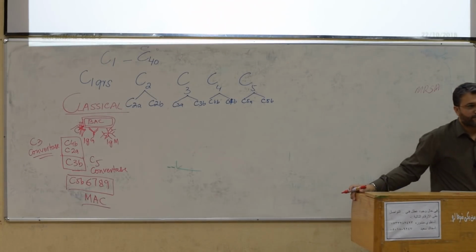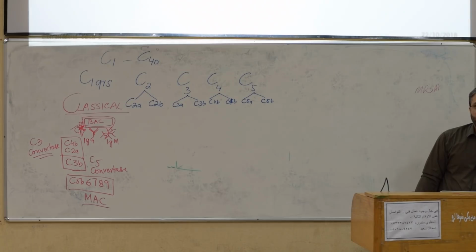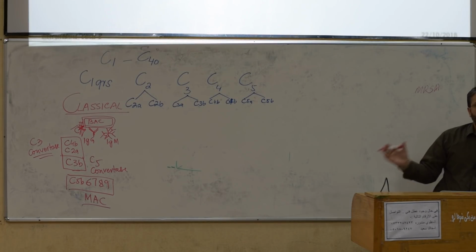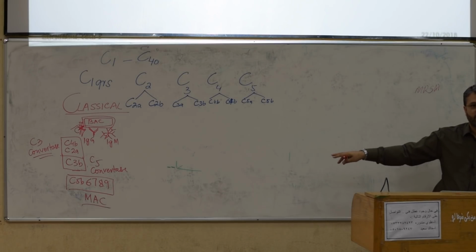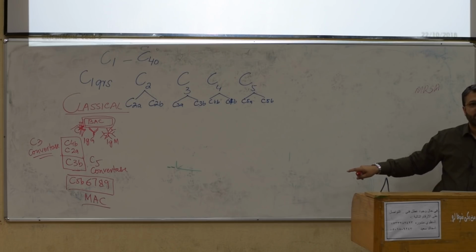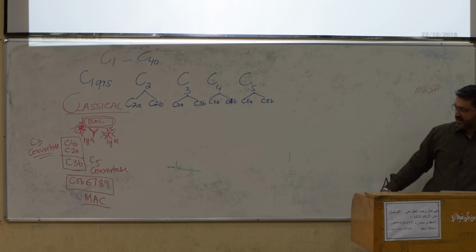When C5B, C6, C7, C8 and C9 join together, this is called the membrane attack complex. Okay, so this final thing is called the membrane attack complex.